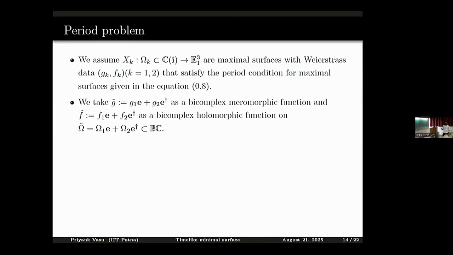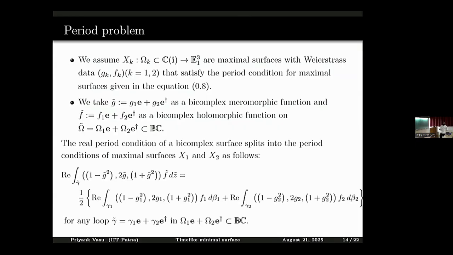Say G tilde is defined by G1 e plus G2 e dagger, where G1 is coming from the first maximal surface and G2 is coming from the second, and similarly we can define the F tilde bicomplex function in this way. So we know if G1 and G2 are meromorphic, then G tilde is bicomplex meromorphic. Similarly, F tilde will be bicomplex holomorphic.